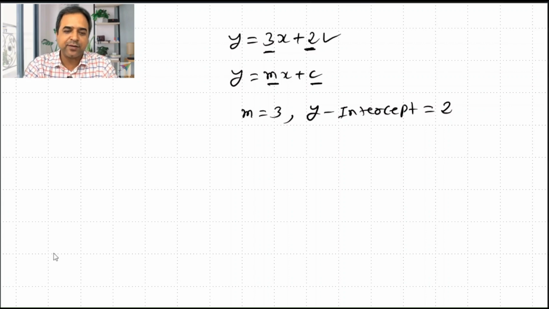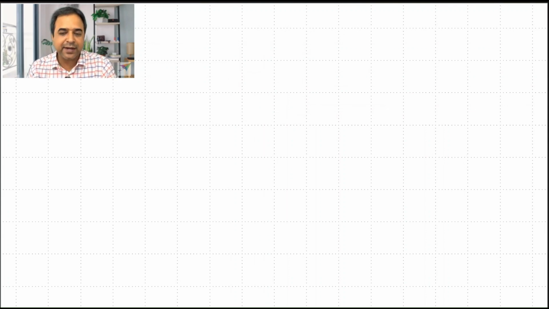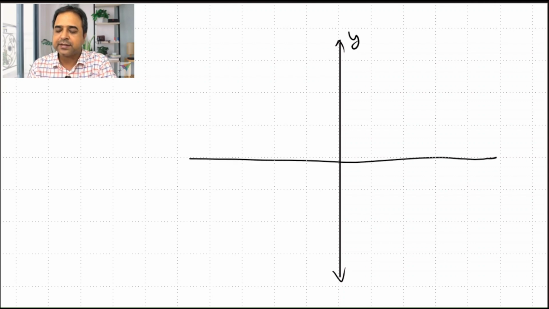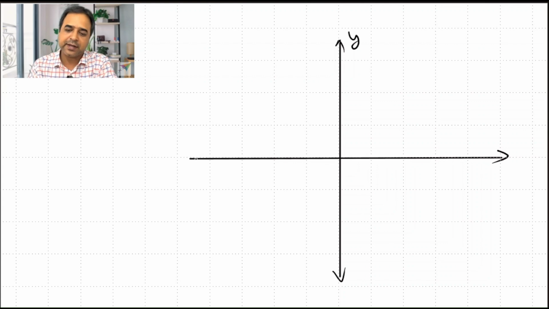So in the next slide, we will find out the gradient and y-intercept for the given graph. For example, if we have this as the y-axis and this as the x-axis. Here the x-axis and y-axis intersect at the point of origin, or you can say O(0,0).